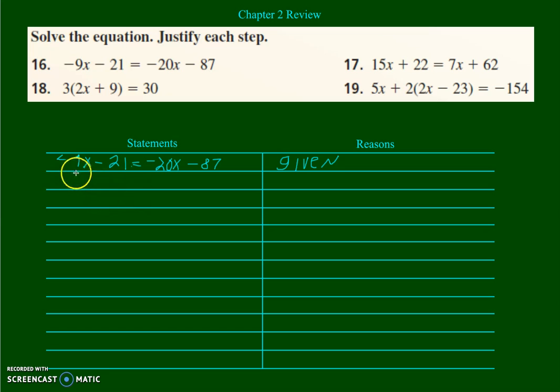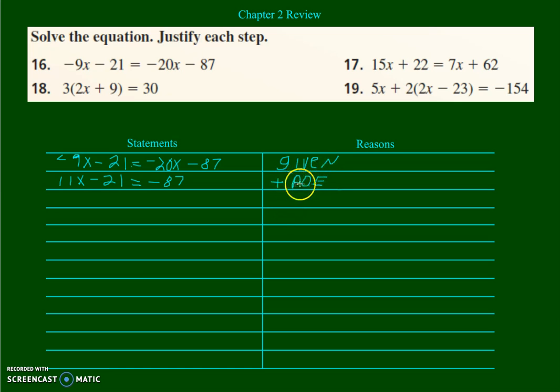Alright, and now you can do any number of things here to solve this problem. I'm going to add 20x to both sides, so we'll have 11x minus 21 equals negative 87. And since I added 20x to both sides, that's the addition property of equality.